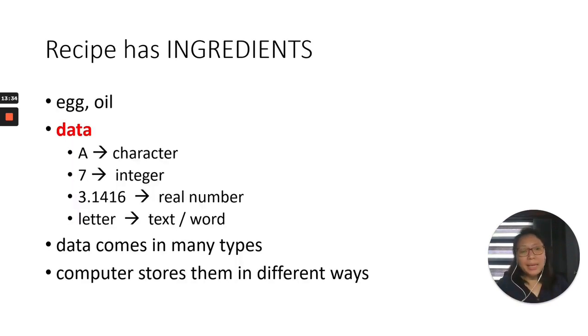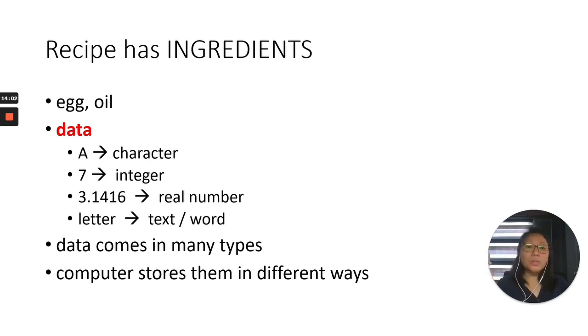So a recipe has ingredients. What are these ingredients? In cooking, these may be eggs, oil, and so on. But in computer programming, these ingredients are the data that the program processes. This data may be real numbers, maybe characters, maybe text or words. So data comes in many types.